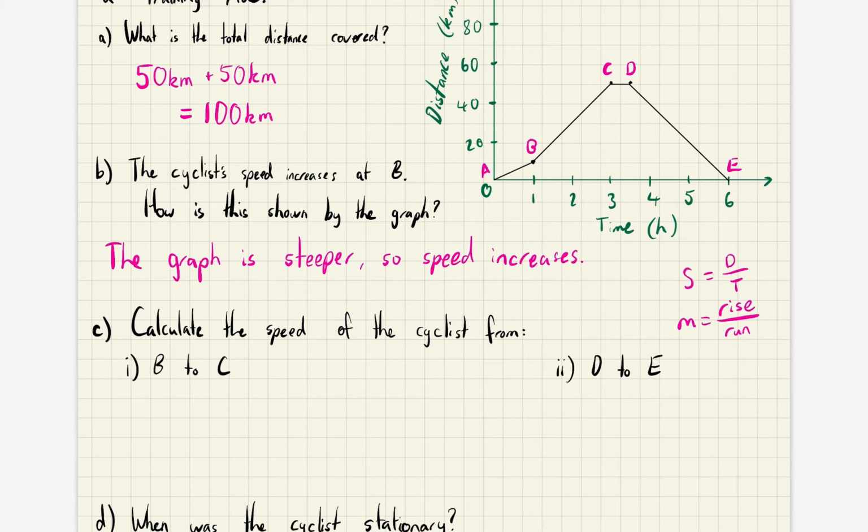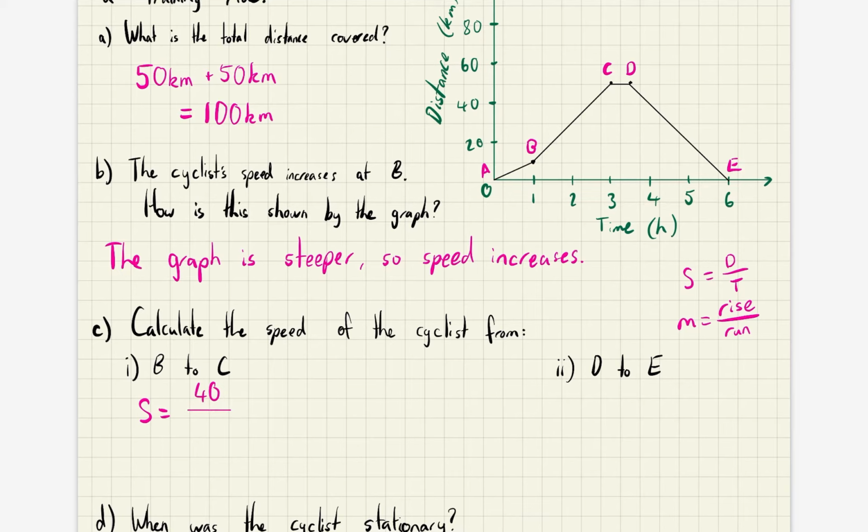Part C says to calculate the speed of the cyclist from B to C and then again from D to E. So we're going to use this formula, speed equals distance over time. So for the speed for B to C, the distance travelled is from 10 to 50, so that's a total of 40 kilometres travelled.